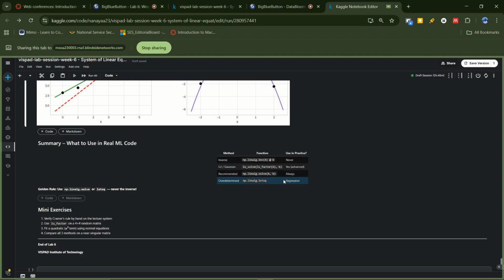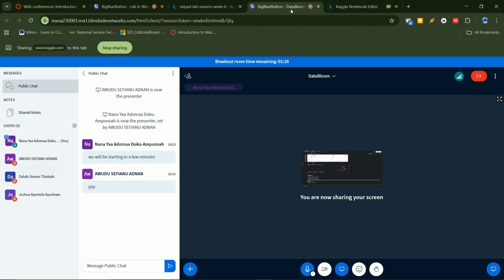This is also another concept that sometimes is used in regression, but never use the matrix inverse. Machine learning models do not use the matrix inverse at all because of the error it gives you. Of course, you remember Sir said that no model is perfect.